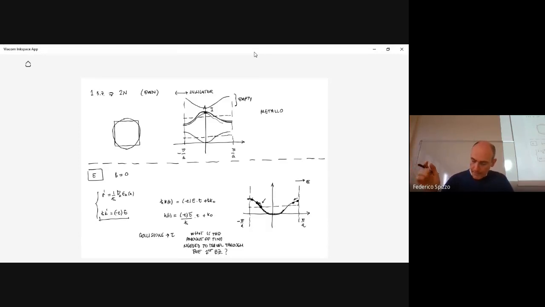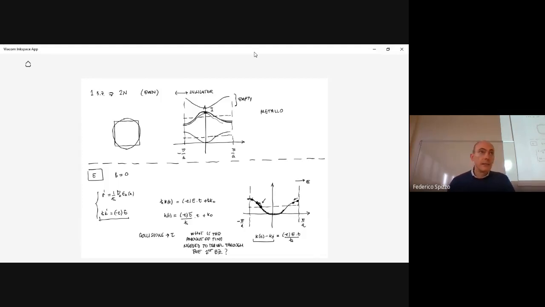At this point, if we write the equation as k of t minus k0 is equal to minus E, the electric field, times t divided by h bar.